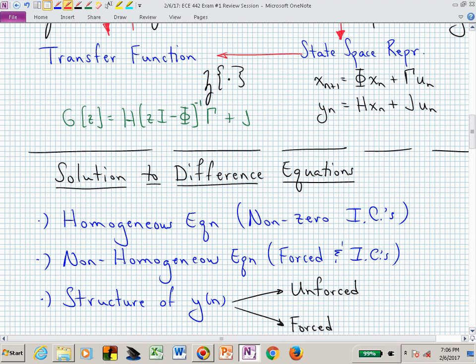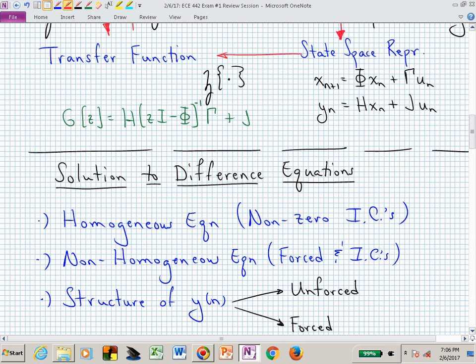You have non-zero initial conditions. You need to be able to find the solution to a homogeneous equation. If somebody starts exciting that difference equation with some particular input, that will give you a particular solution. You'll also need to find the homogeneous solution, add those two together, and find the unknown coefficients by using your initial conditions.